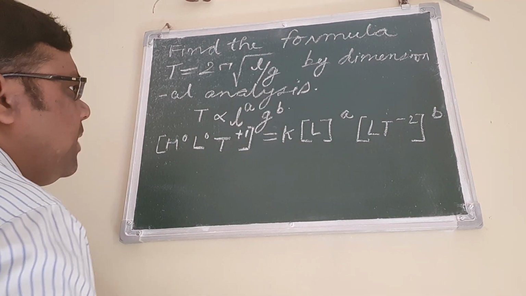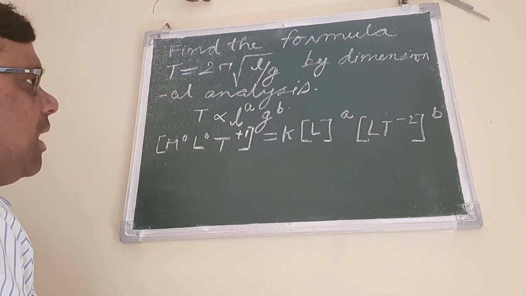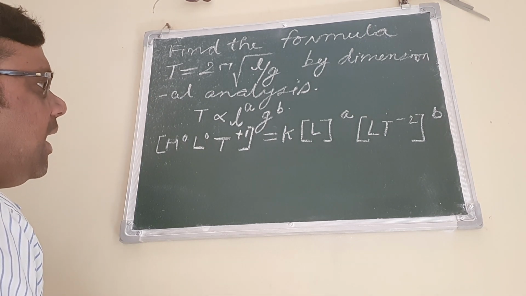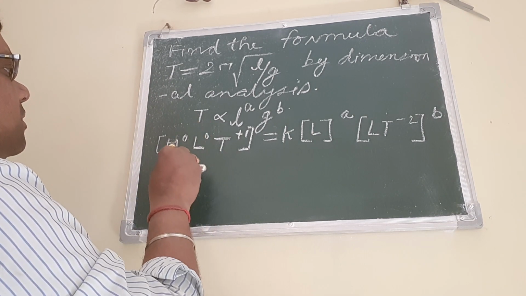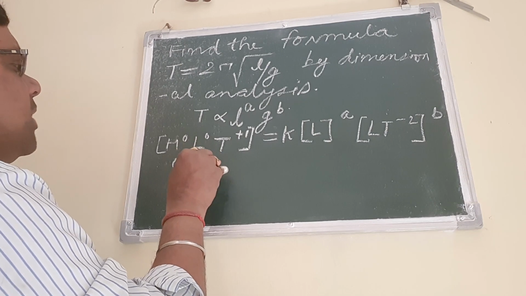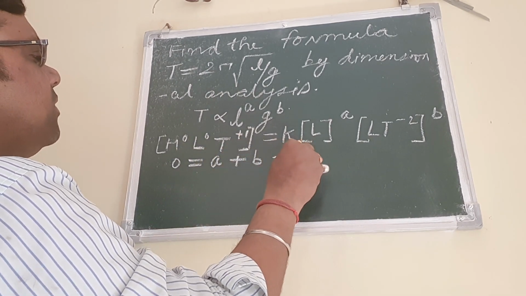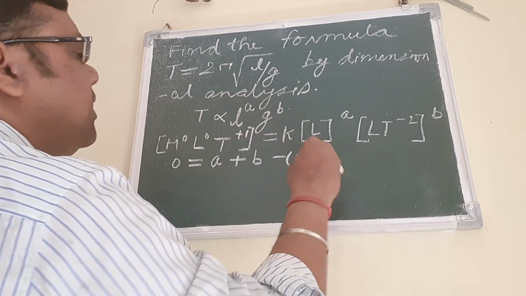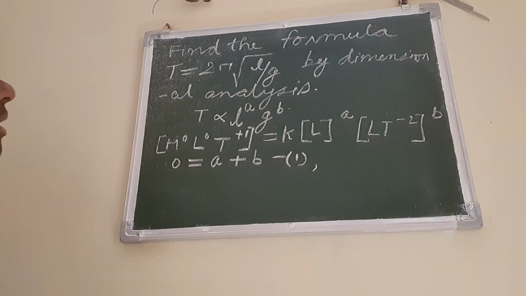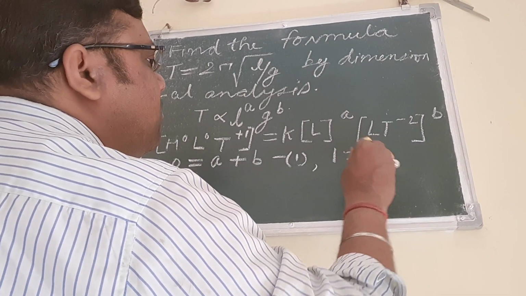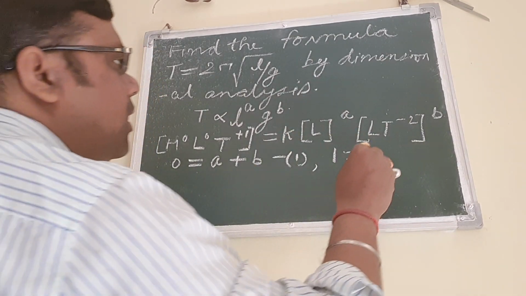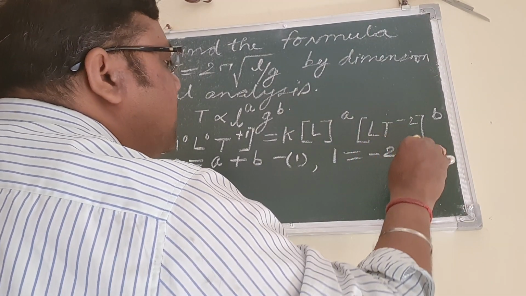So now comparing the powers of L and T. So 0 is on both sides. 0 is equal to A plus B. This is our first equation. The second equation is 1 is equal to minus 2B.